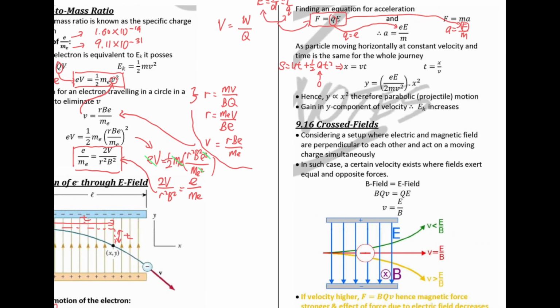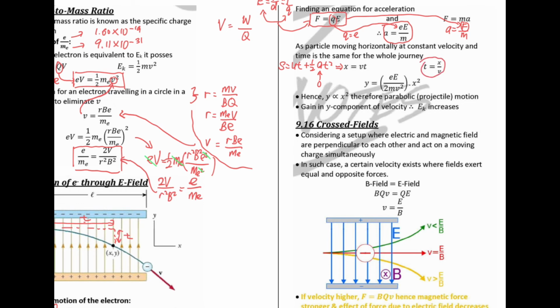Then they rearrange this equation and get t equal to x over v, and they substitute the two equations here, a equal to qE over m and t equal to x over v.